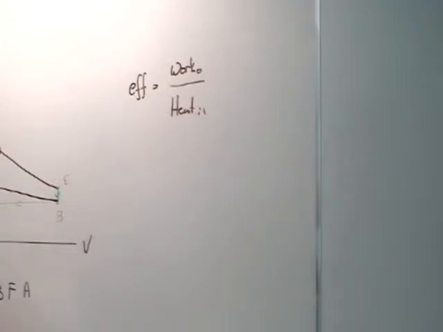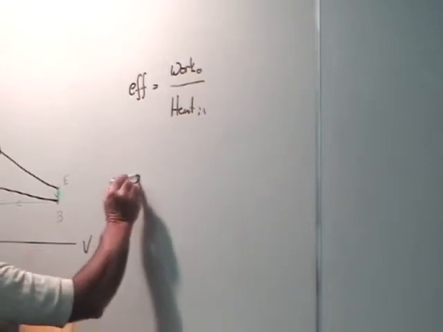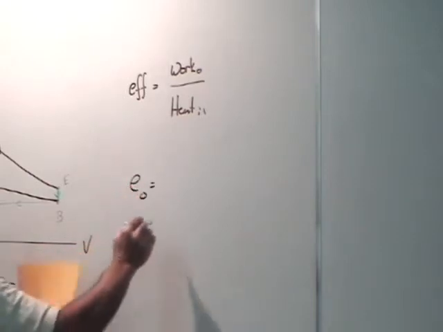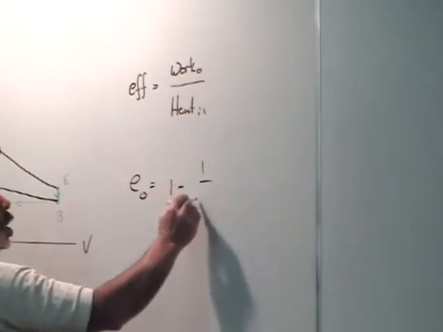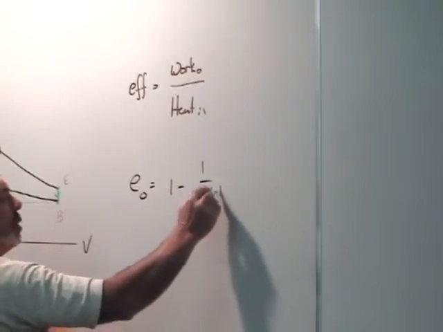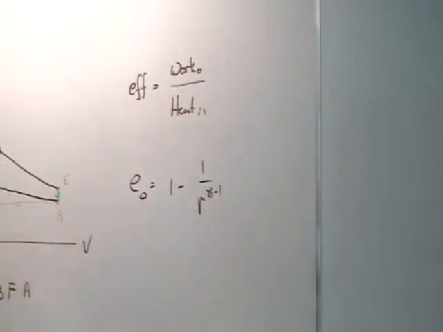When we were done, we found that the efficiency of the Otto cycle was 1 minus 1 over R to the gamma minus 1 power, where R was the compression ratio between the largest volume and the smallest volume, represented by the volumes at B and A, or E and D. Anyway, those two volumes there.